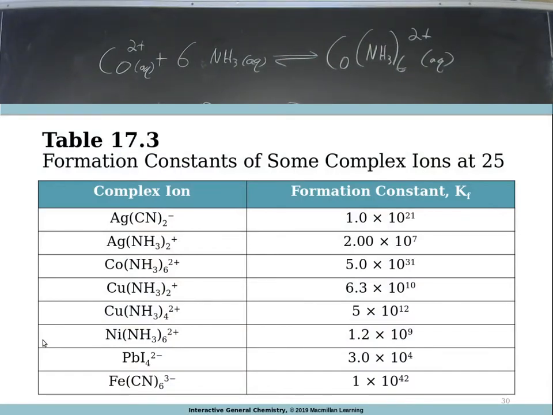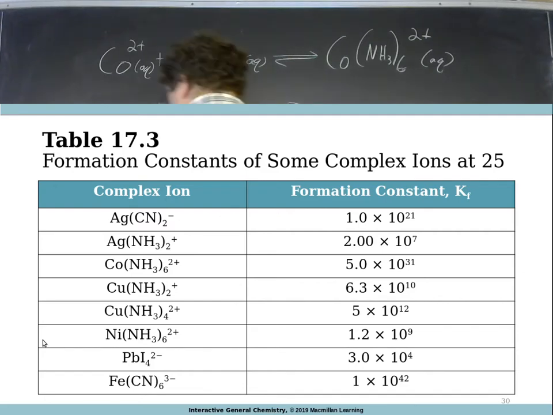If they just give you the complex ion, you need to be able to figure out what reaction forms that complex ion, and how to create an appropriate equilibrium expression.